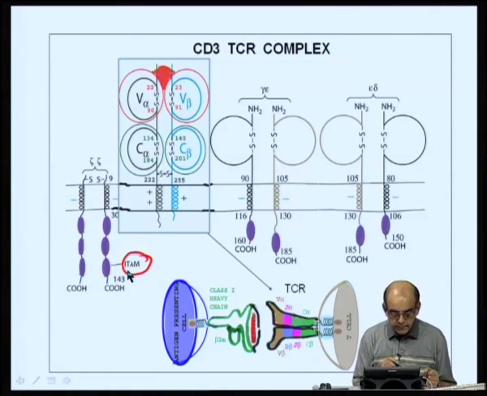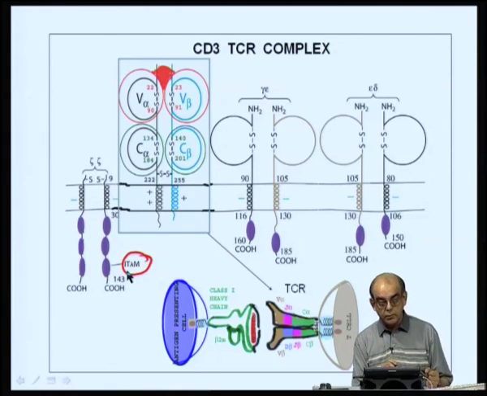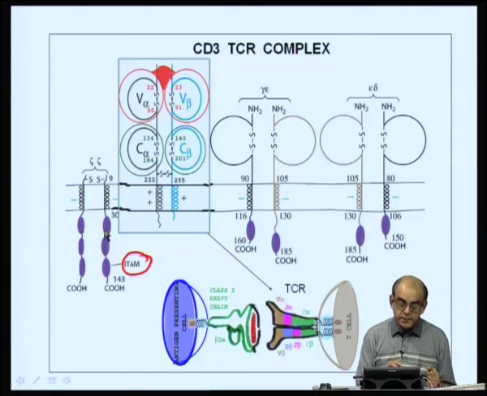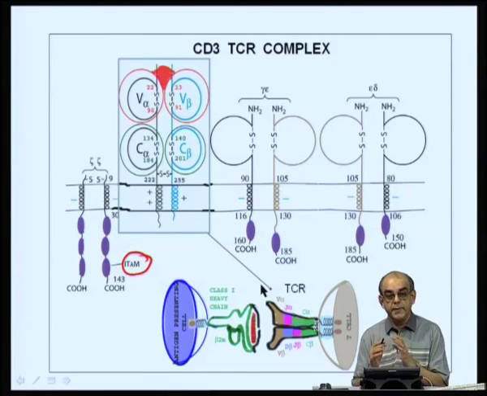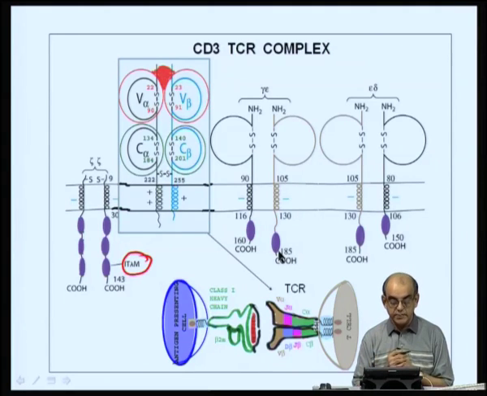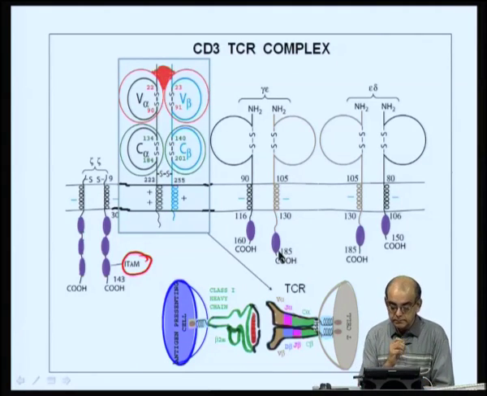Now, you will see that these motifs, immunoreceptor tyrosine activation motifs, are not only present on these molecules, they are present in even other molecules of the immune system, such as IgE molecules. So, you see that there are many different molecules in the immune system that possess these ITAMs. We will come to that a little later on.